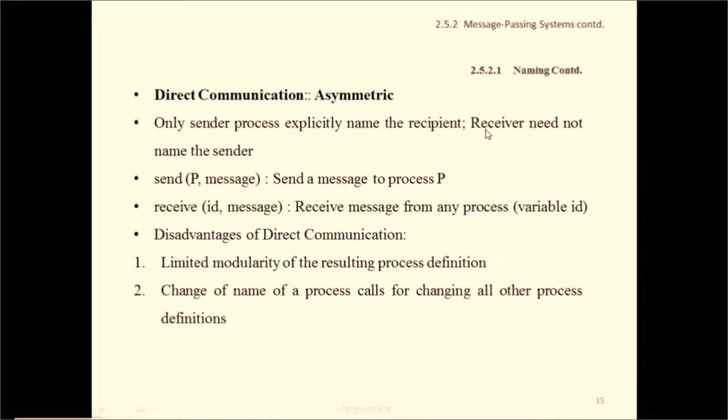So out of number of recipients, which recipient exactly is to receive the message is to be mentioned by sender. However, since there is only one sender among all, every receiver knows that if at all a message has to come, it has to come only from one sender whose name is already known. So receiver need not name the sender.